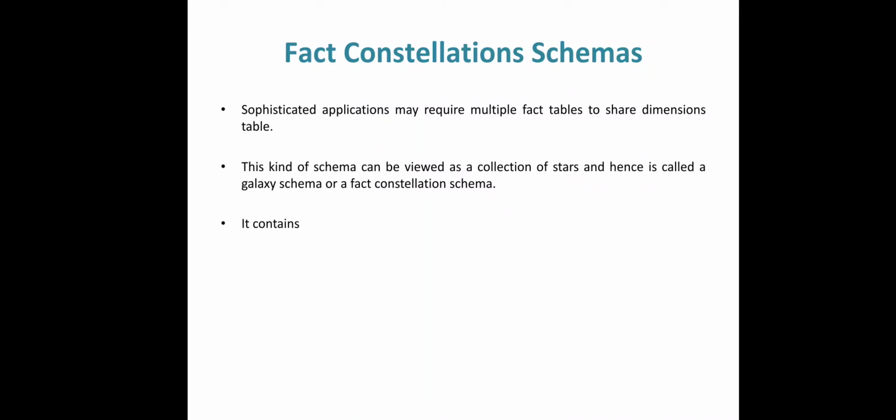Its name indicates that we are going to use different fact tables. It will contain one fact table or more than one fact table, you can say two fact tables also, and we can have any number of normalized dimension tables.